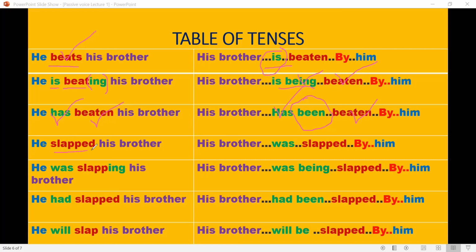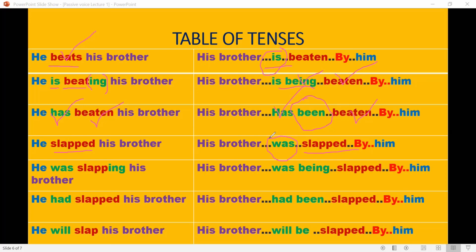Now, this slapped second form and this slapped third form. How will we come to know that this is a passive voice of past indefinite? This was, the helping verb, tells us about the tense in passive voice. Helping verb informs us about the tense of the passive voice. Was and were are used in past indefinite tense.